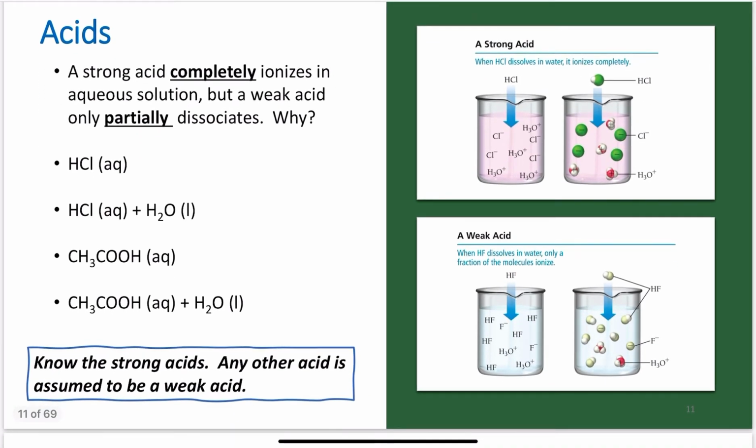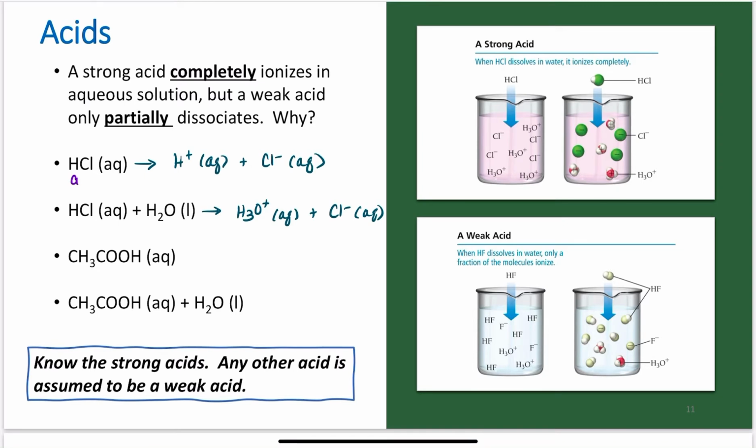Remember, a little bit of a review from first semester. A strong acid completely ionizes in an aqueous solution, but a weak acid only partially dissociates. So HCl is a strong acid. This forms H plus and Cl minus. We can also write this as HCl plus water, giving me H3O plus and Cl minus.